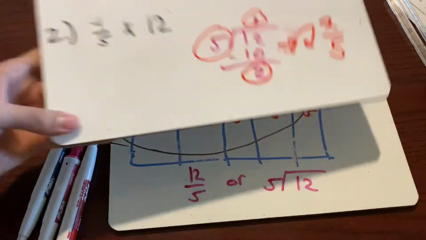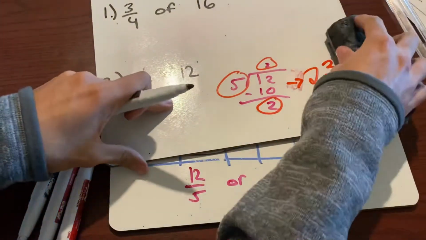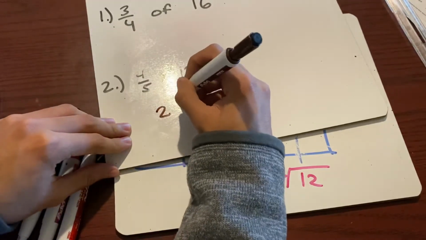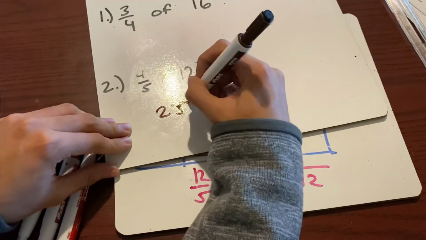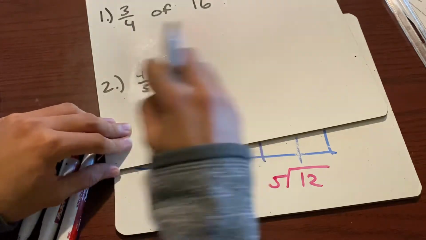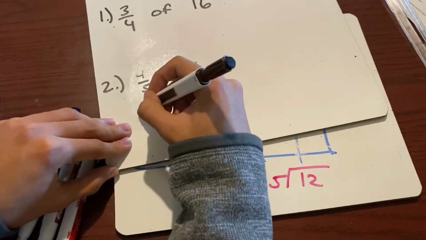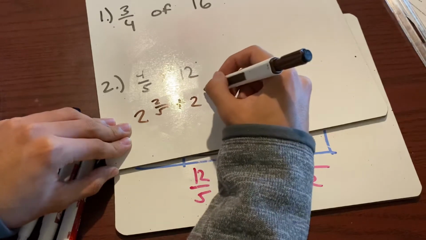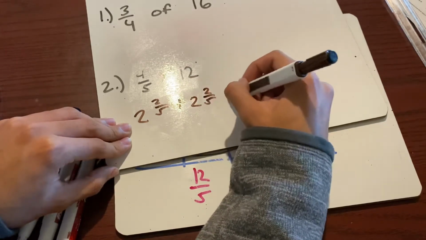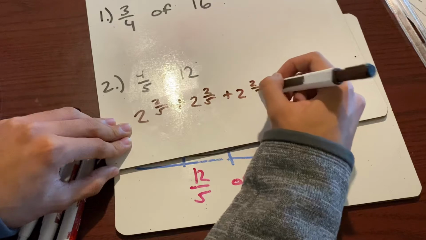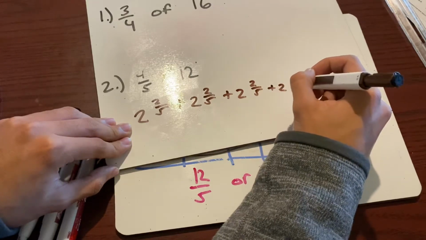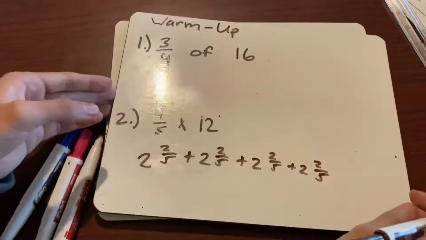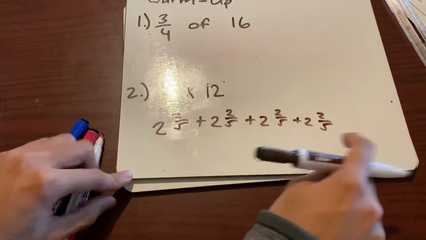You're getting 2 wholes and 2/5, and you're adding that up 4 times: 2 wholes and 2/5, 2 wholes and 2/5, plus 2 wholes and 2/5. Okay, 1, 2, 3, 4.